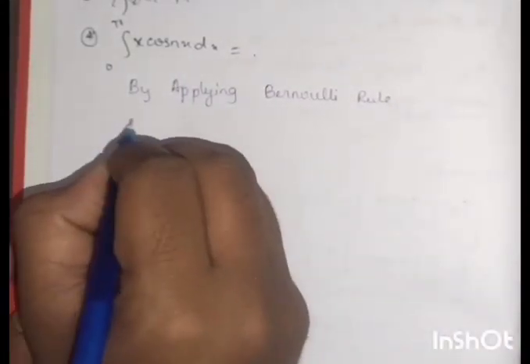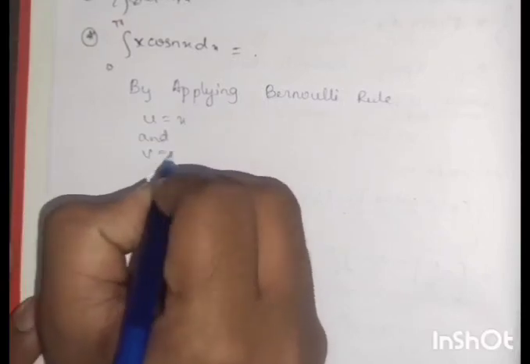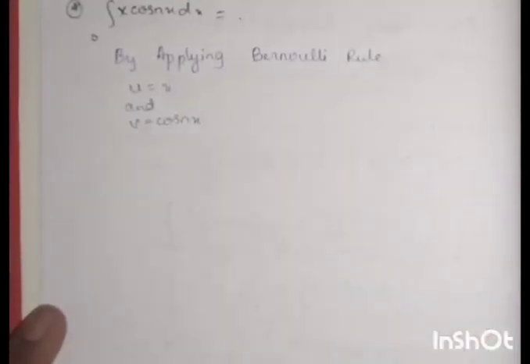So here u is x and v is cos nx. We can see in the previous problem and now also we are taking x as u, because that is diminishing after differentiating 1 or 2 times.